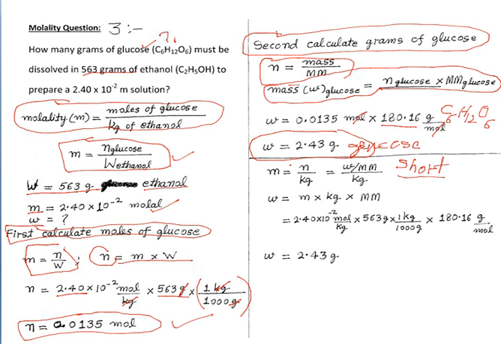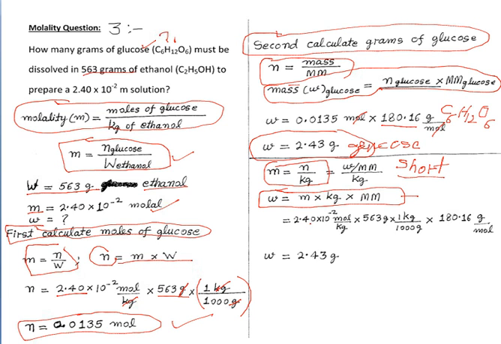Short method means we know that molality is equal to the number of moles divided by kilograms, and now we can convert moles to small w, meaning mass divided by molar mass. From this formula we can find small w, the gram quantity of any solute, by multiplying molality, kilograms of solvent and molar mass. We know all the values, so we just have to put them in this formula.